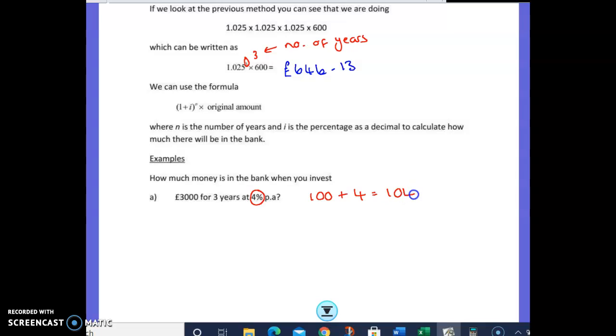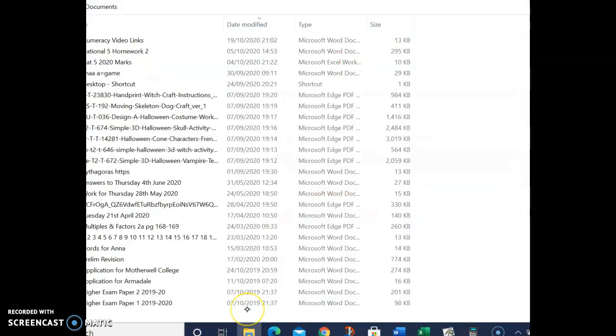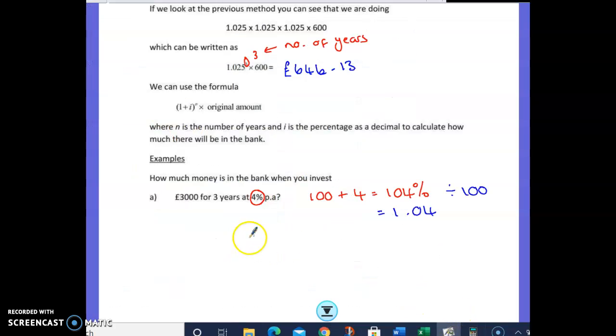So that is 104%. 104% as a decimal, it's 1.04. And if you're not sure, I'm dividing that by 100. Yeah, to get from a percentage to a decimal, you're just dividing by 100. So I've got my 1.04.